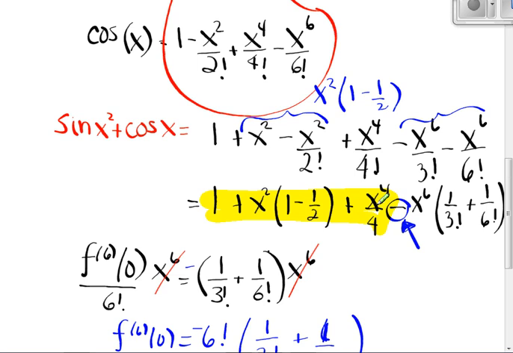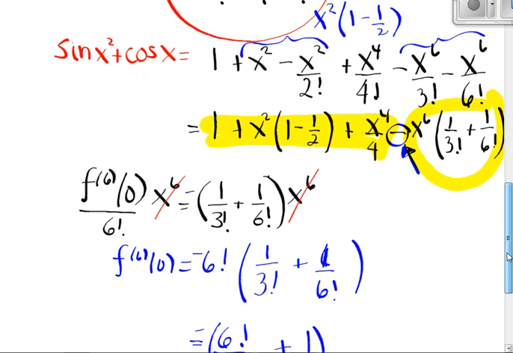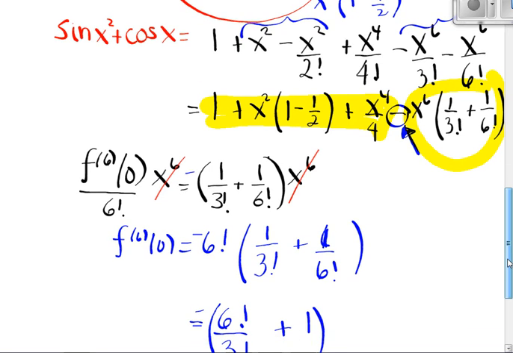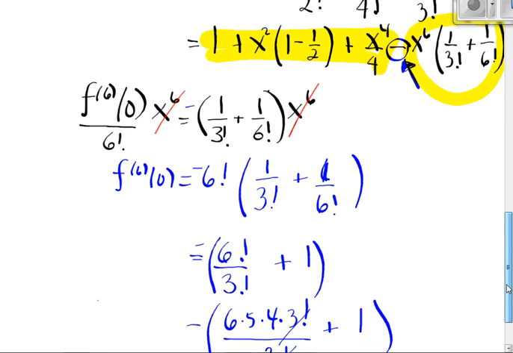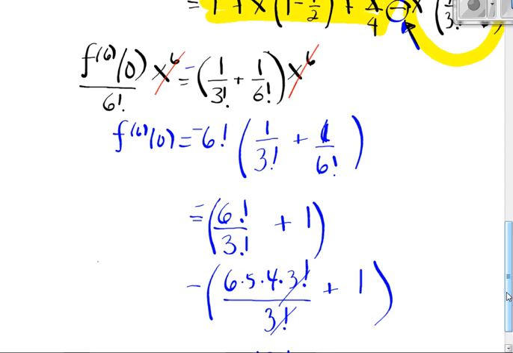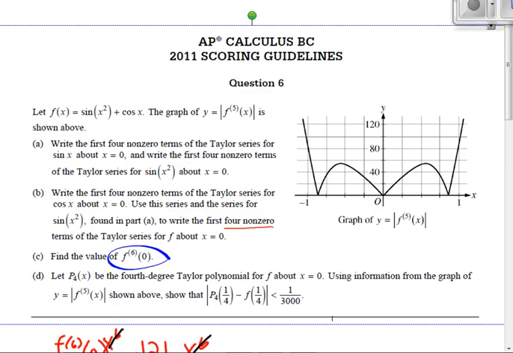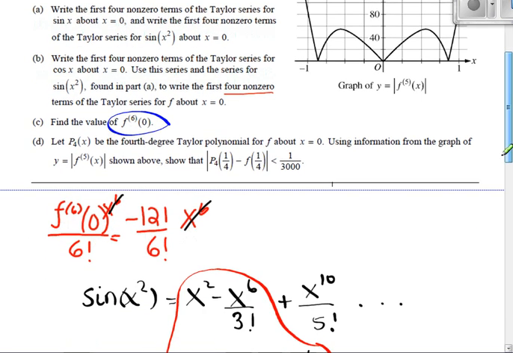I'm going to use this as my first discarded term for my Taylor polynomial. Okay, we said that was, right? So it's 121 over 6 factorial, right?